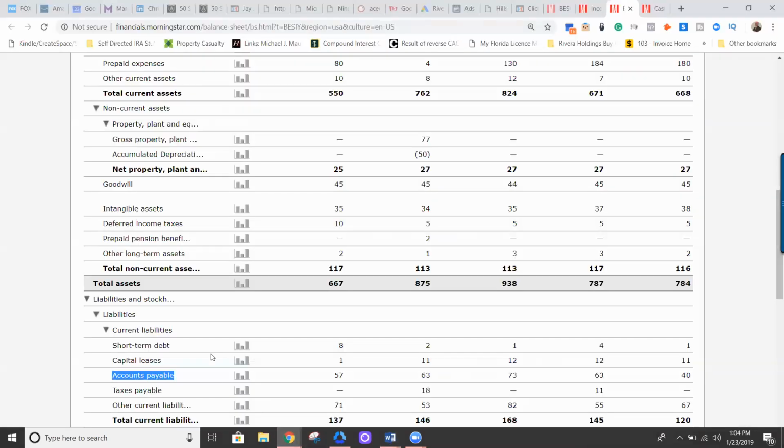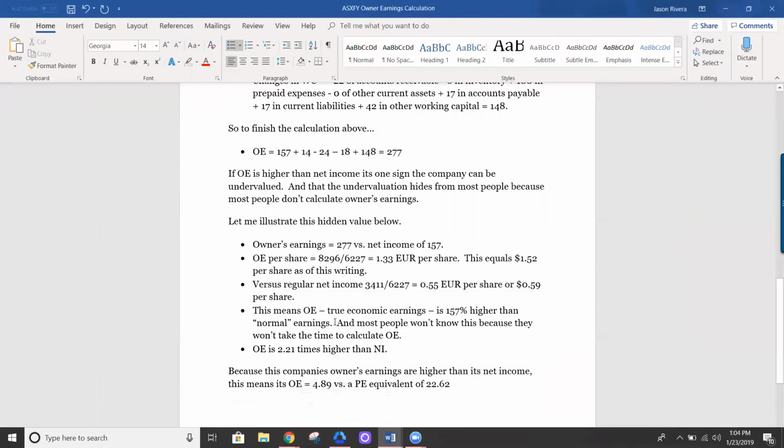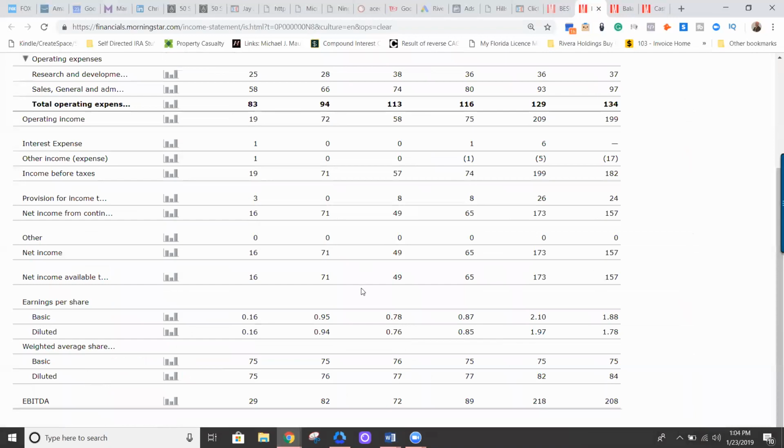Let's get the per share. Actually, I don't do per share. I don't even know that's on here. I'll leave it on here. 277.